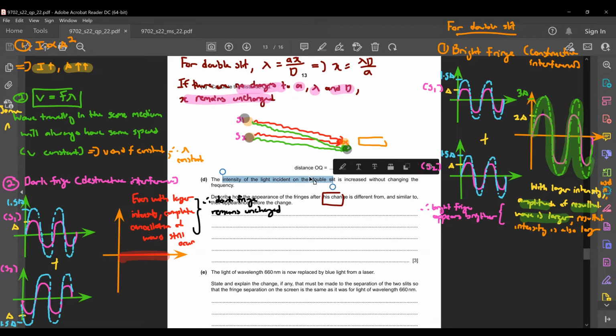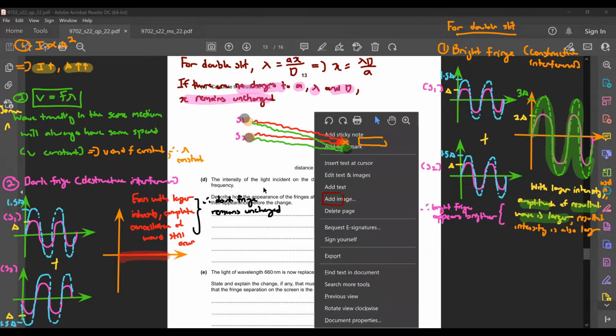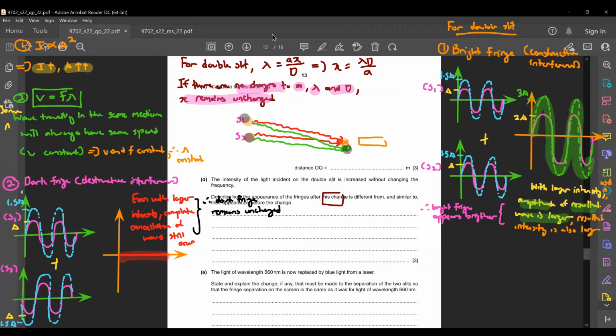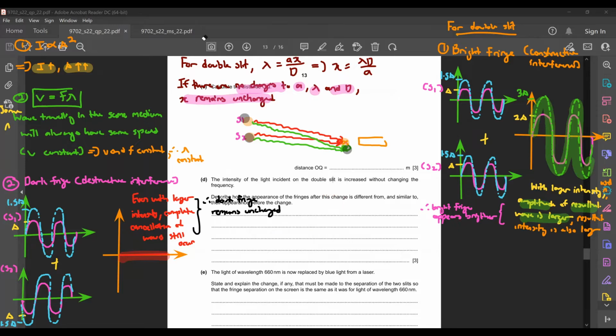So for the part where they ask you to describe the appearance of the fringes after this change, whether it's different or similar to the appearance before the change, they give you 3 marks here. You're supposed to say 3 different things. So I'll write it here. Let me just erase this.